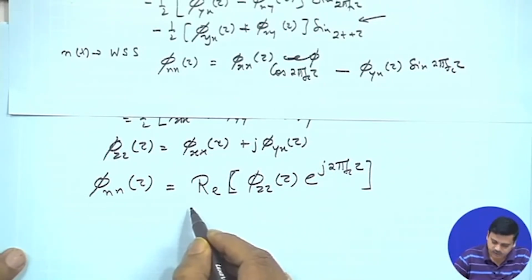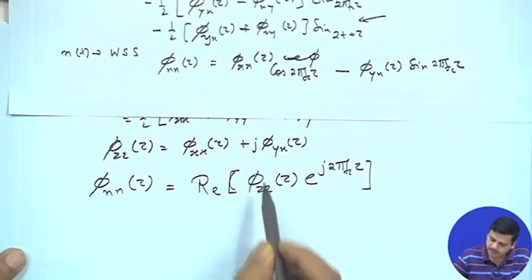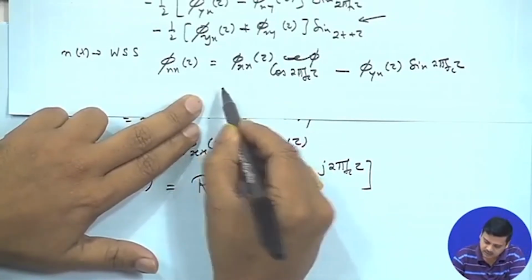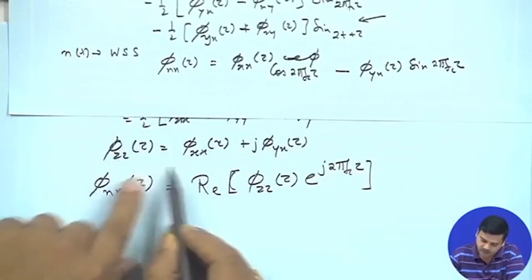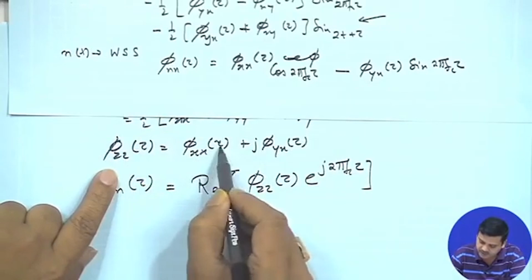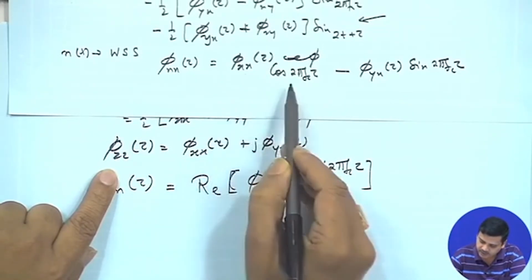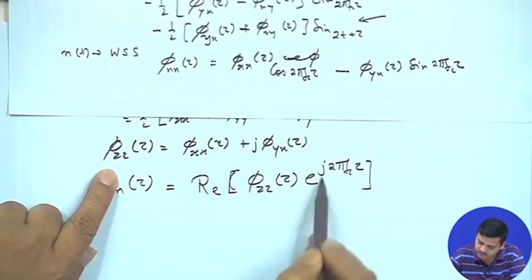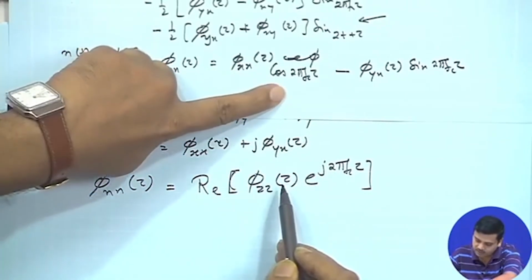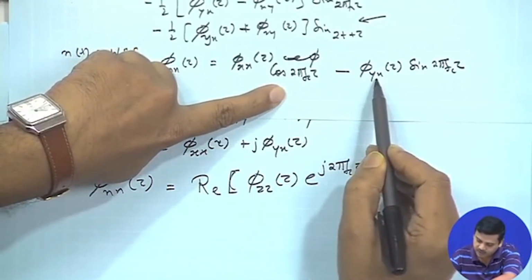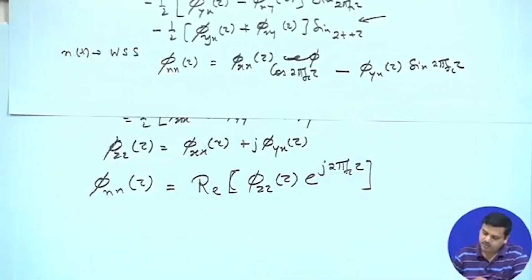So, if phi zz of tau is equal to phi xx of tau plus j phi yx of tau, and you take the real part of this product, you are going to get phi xx cos 2 pi f c tau minus phi yx sin 2 pi f c tau.